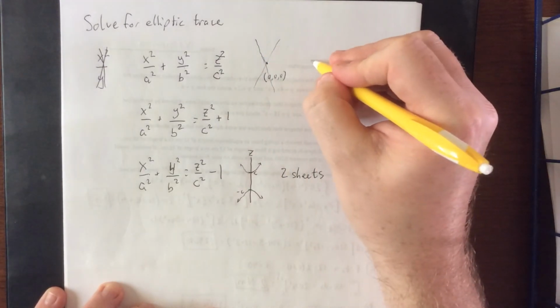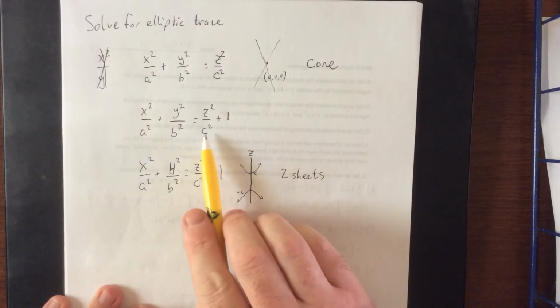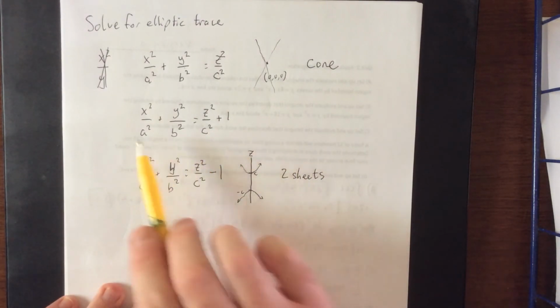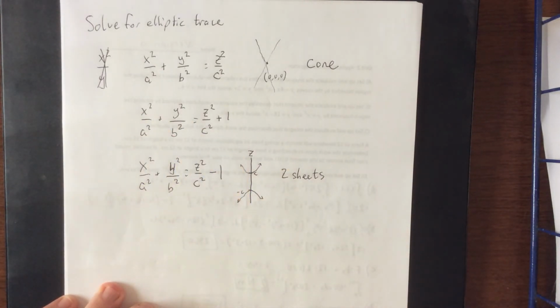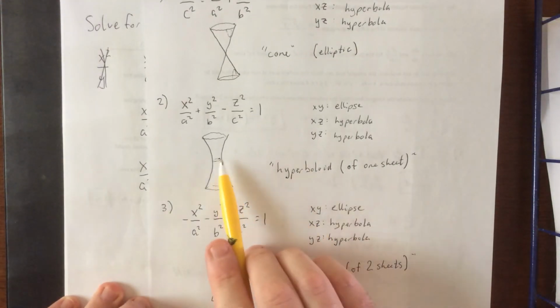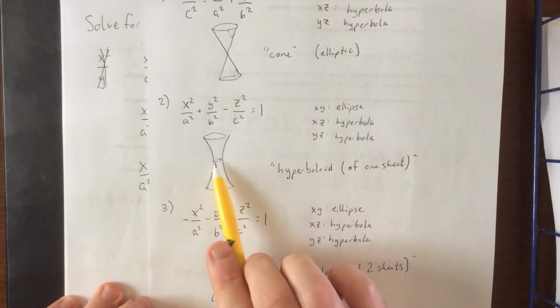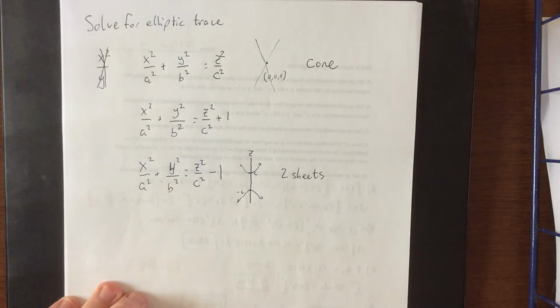That's how we wind up with a cone out of this. In the third case, it is never possible to wind up with anything but an ellipse here. I mentioned on the previous page, I'm going to bring back the previous page real quick, that when it came to this, the cross-section is always an ellipse and it can never be anything but an ellipse. That's a hyperboloid of 1 sheet.